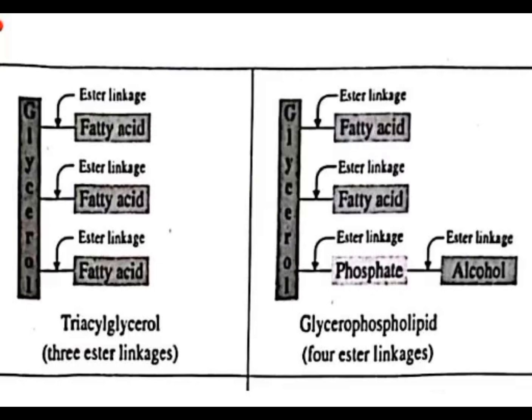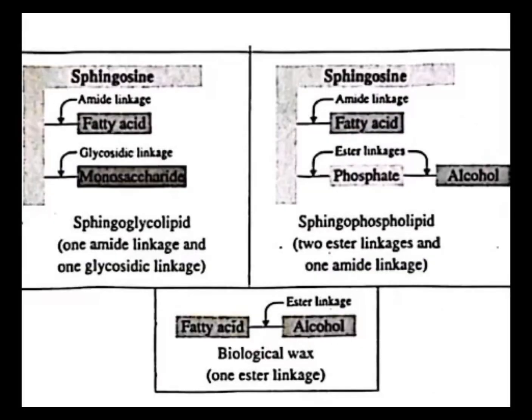Glycerol with 2 fatty acids and a phosphate alcohol is called a glycerophospholipid, with 4 ester linkages. Sphingosine with one fatty acid through an amide linkage, and a monosaccharide through a glycosidic linkage, is called a sphingoglycolipid, with 1 amide linkage and 1 glycosidic linkage.